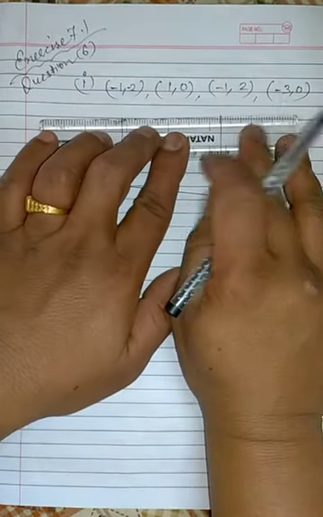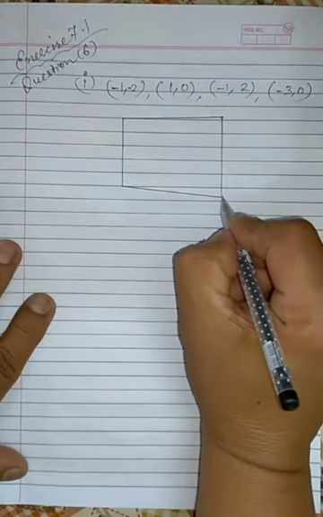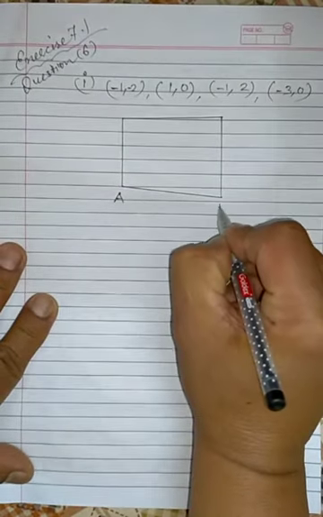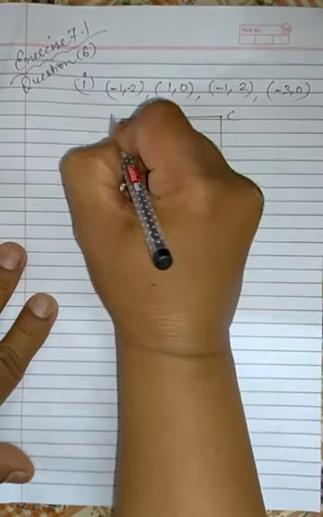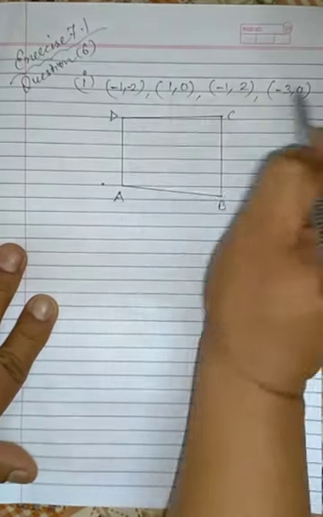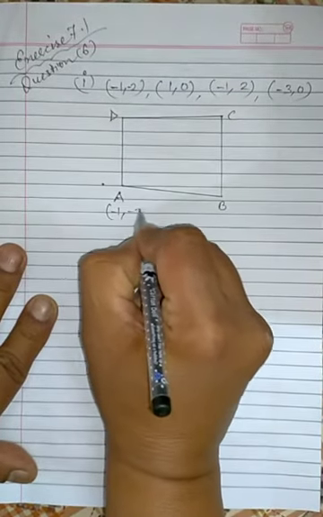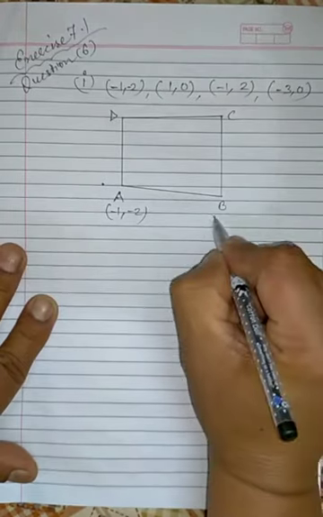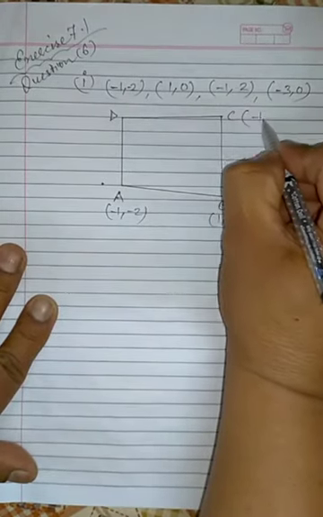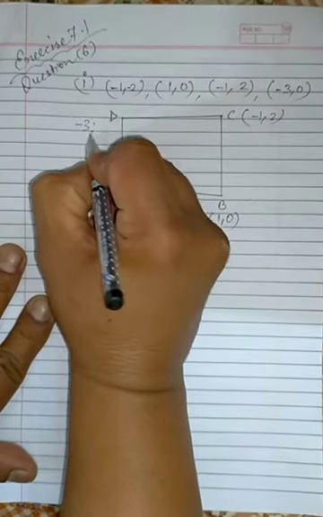Just draw a closed figure by 4 sides, like here I have done, and I am naming it A, B, C, D, plotting these coordinates in the same order: A (-1, -2), B (1, 0), C (-1, 2), and D (-3, 0).